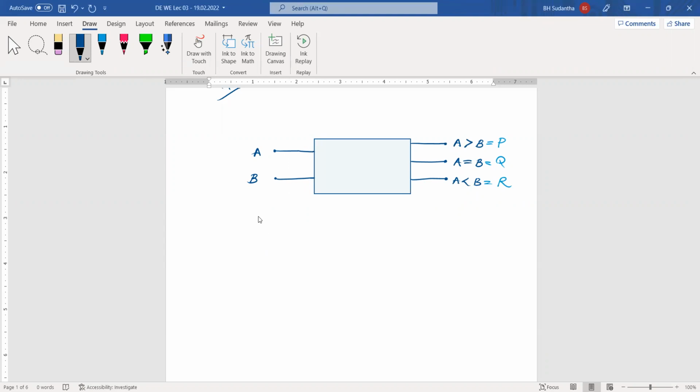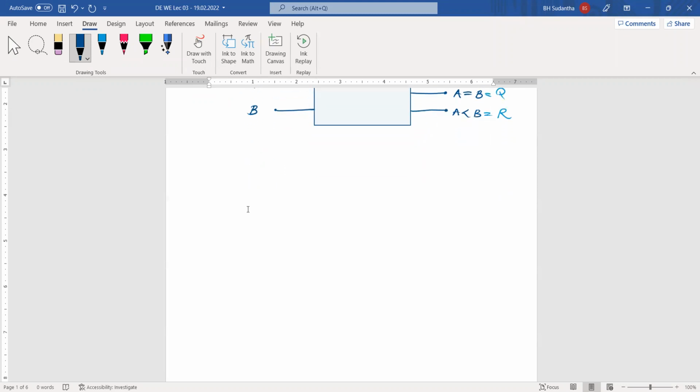Then the second step is preparing a truth table. Here we have two inputs.